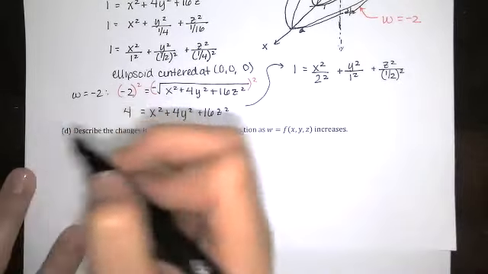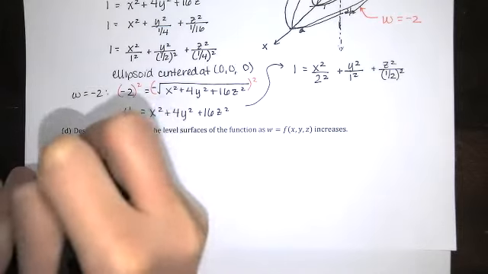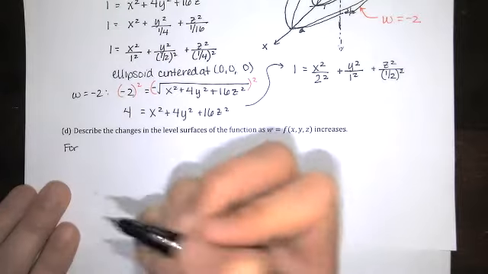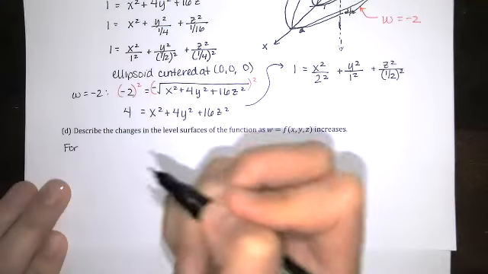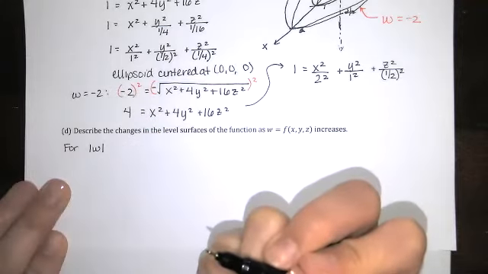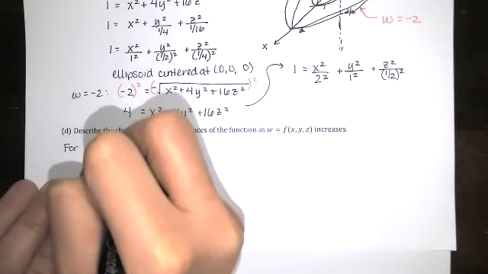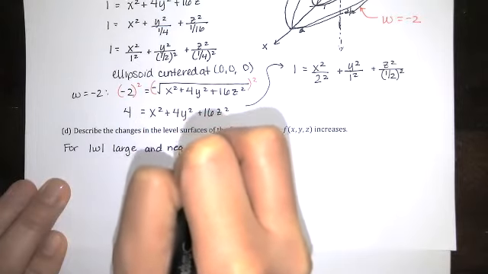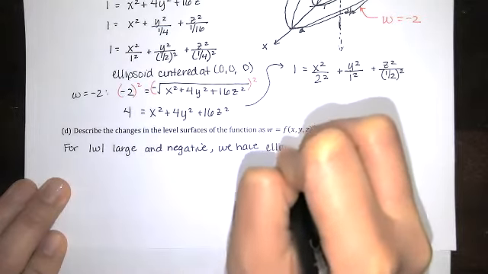And we'll just say, for the magnitude of W, the absolute value of W, large and negative, we have ellipsoids centered at the origin.